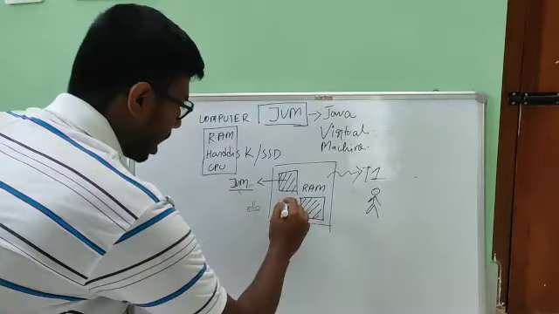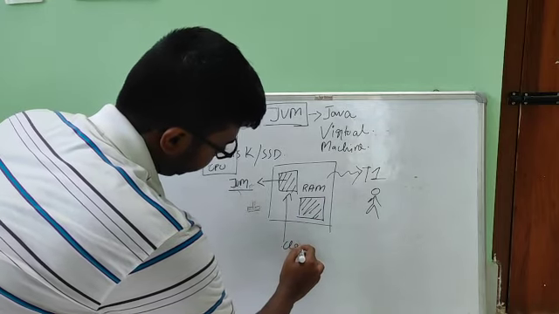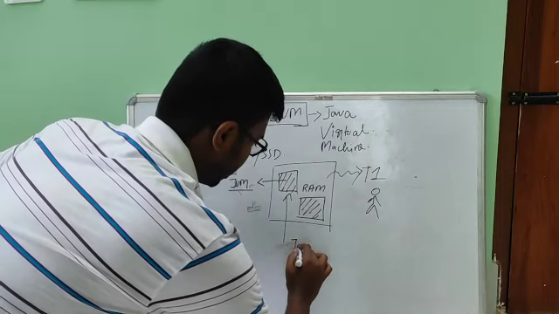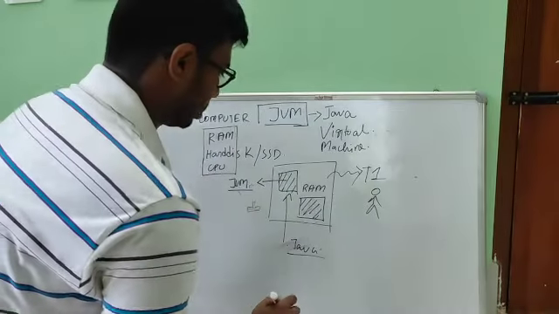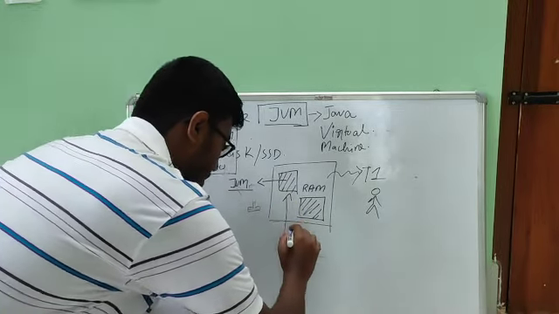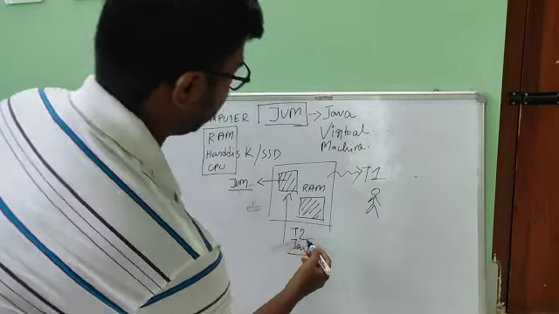And there is the Java code, so this is the Java code also, it is running. So can we say that this is thread 1 and this is thread 2, T2.